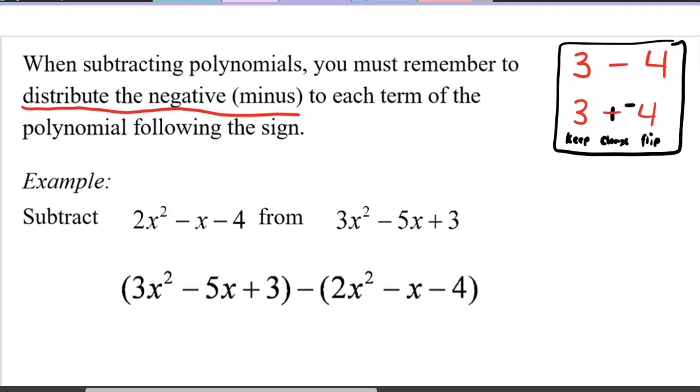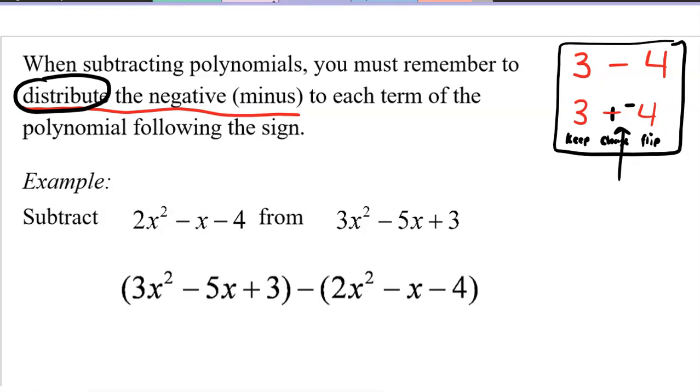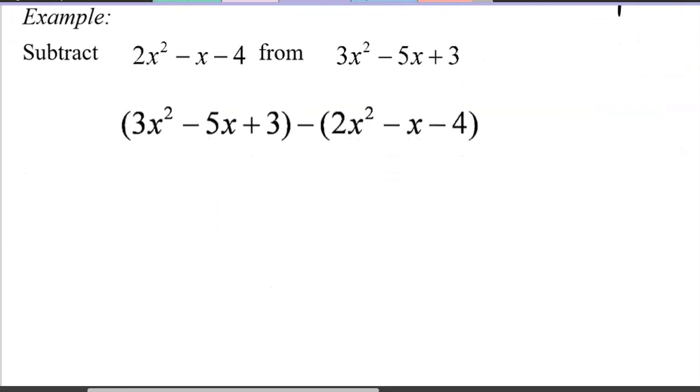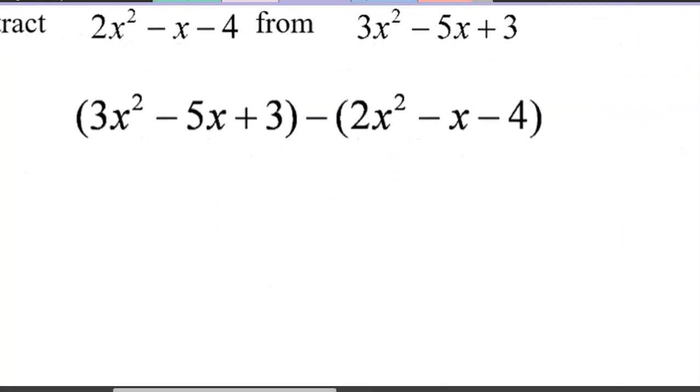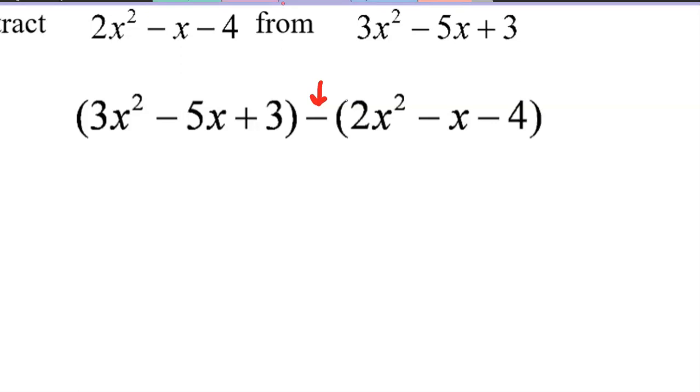So what we're going to do is the term distribute is kind of what's happening here. You're changing the middle sign to be an addition problem, and then you're flipping or doing the opposite, multiplying by -1, to each term in the second polynomial. So for example, here we have a problem 3x squared minus 5x plus 3, but then we have a minus sign, so we're going to be subtracting 2x squared minus x minus 4.